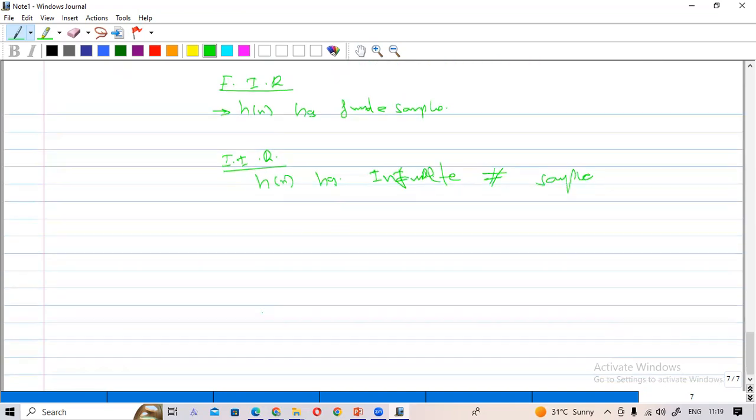For example, let's say that you are given an impulse response. That impulse response is somewhat like this: 2, 0, 1, 2, -1. Let's say that this is the zeroth sample. So this is the impulse response of a filter. You are given one example.